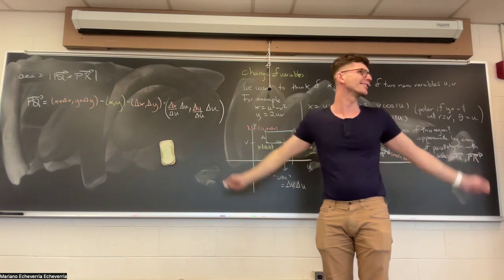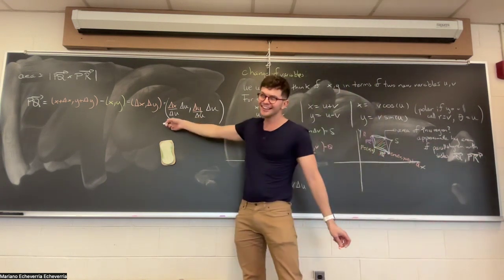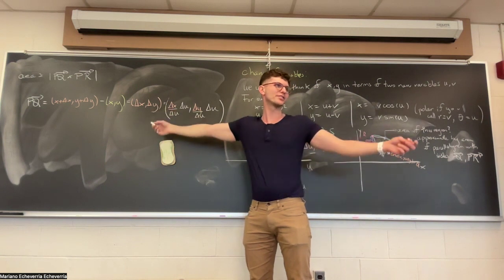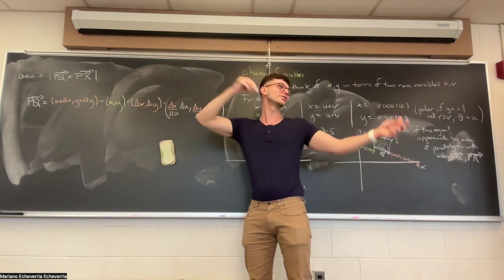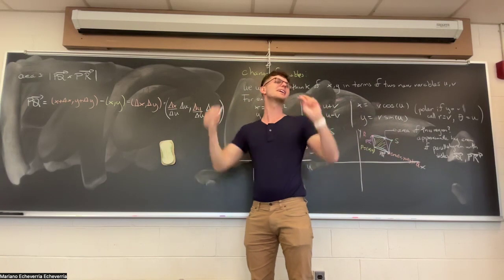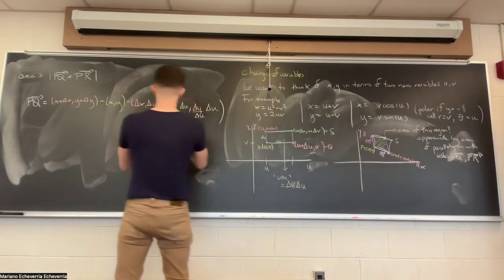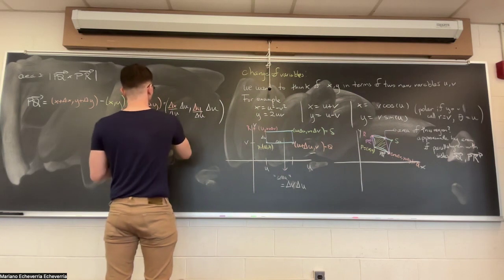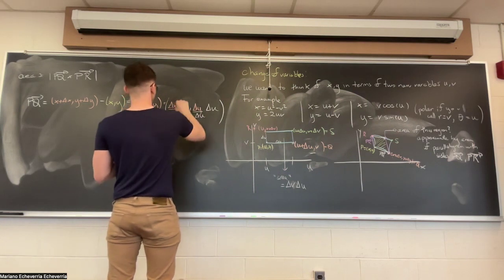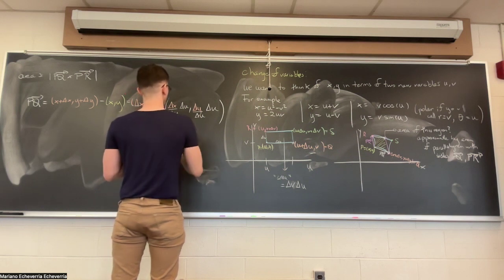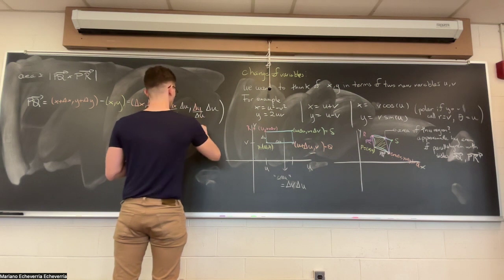Now, what is delta x over delta u? That's a ratio, a rate of change of x when you change u. So it's basically the partial derivative of x with respect to u. The approximation is then the derivative of x with respect to u times delta u, comma, the derivative of y with respect to u times delta u.